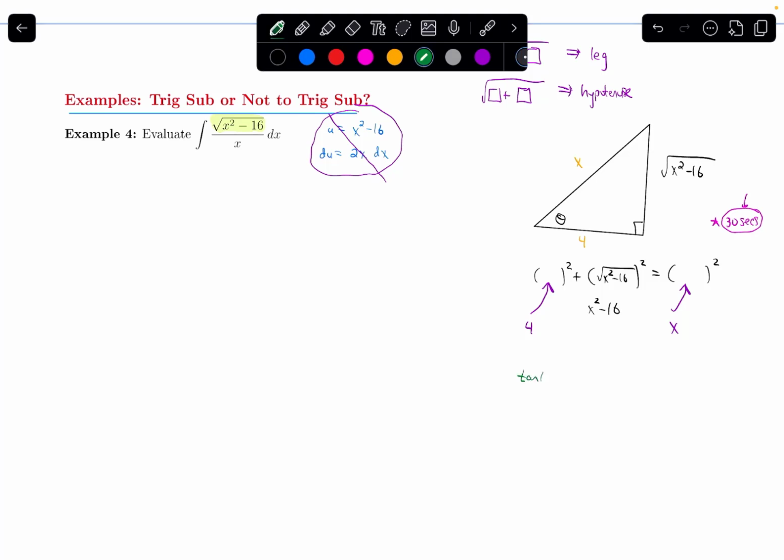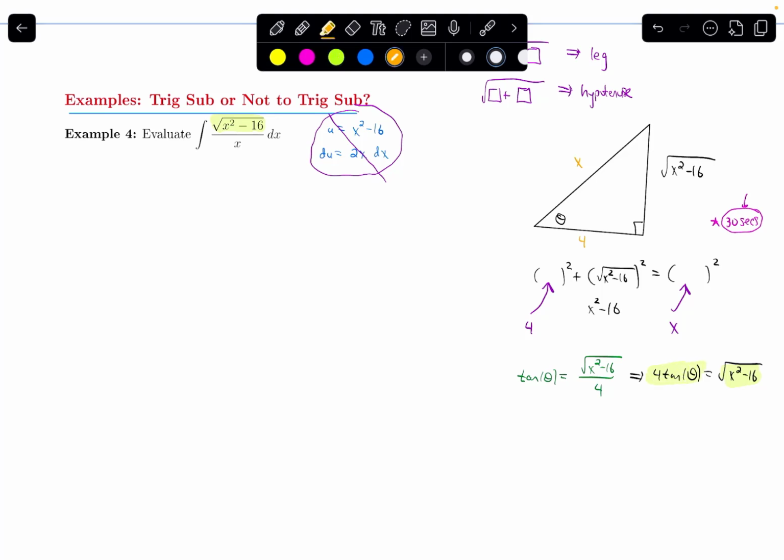If I do tangent, I'll get the square root of x squared minus 16 over 4. Okay, and then if I rearrange that to isolate that square root, I get 4 tangent of theta equals that square root of x squared minus 16. So let me highlight this. That means that square root term I'll be able to replace with 4 tangent theta.